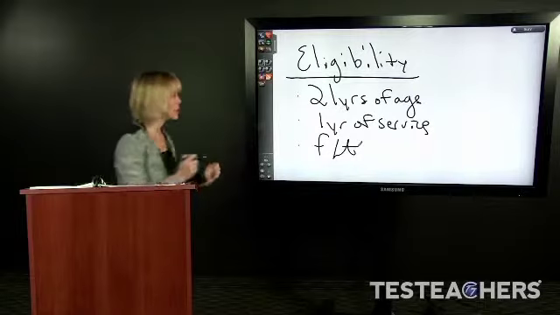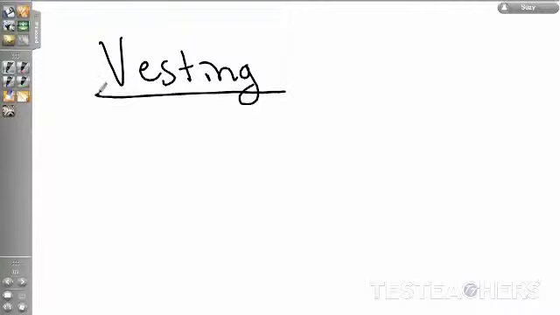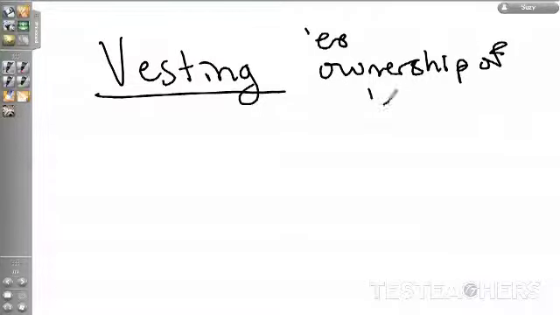ERISA sets forth vesting schedules. With slight exceptions that I will point out, the vesting schedule must be set up one of these two ways. So when is the employee going to own the employer's contributions? There are two vesting schedules for employee ownership of employer contributions.